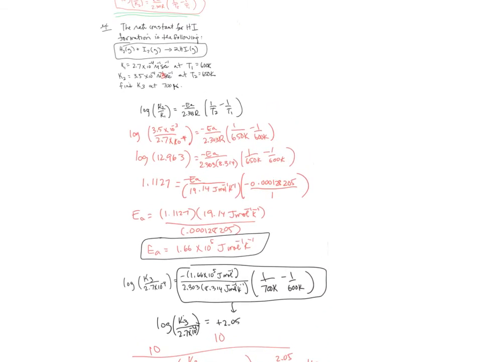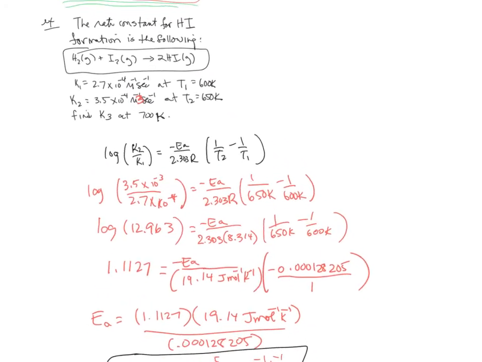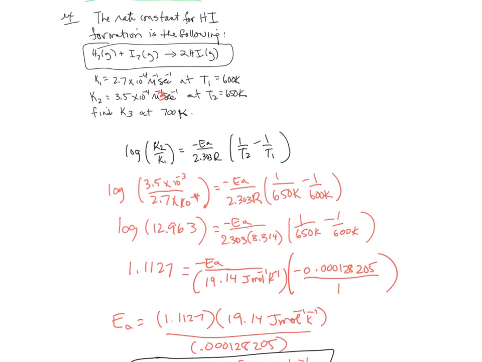Does that make sense? So at 700 Kelvin, does it make sense that the answer is 3 times 10 to the minus 2? So you're going from 600 to 650 to 700.